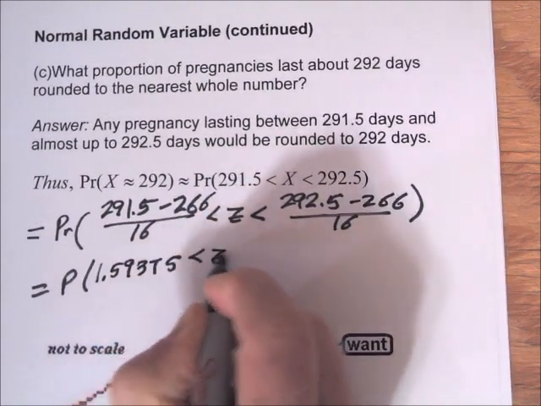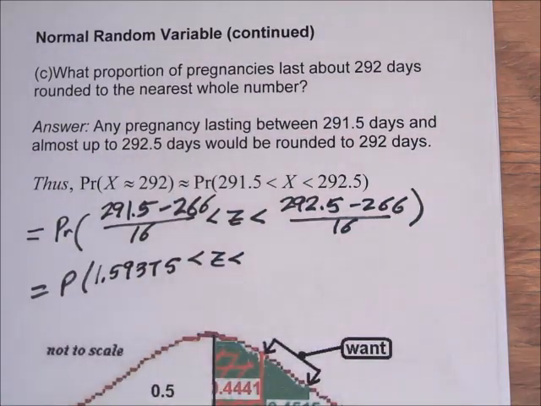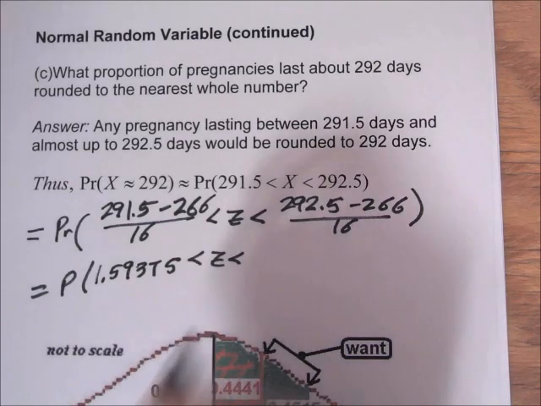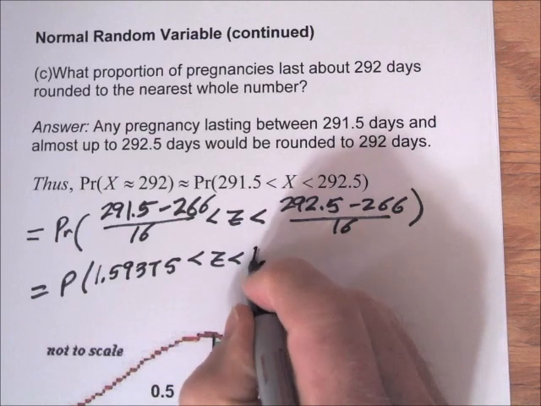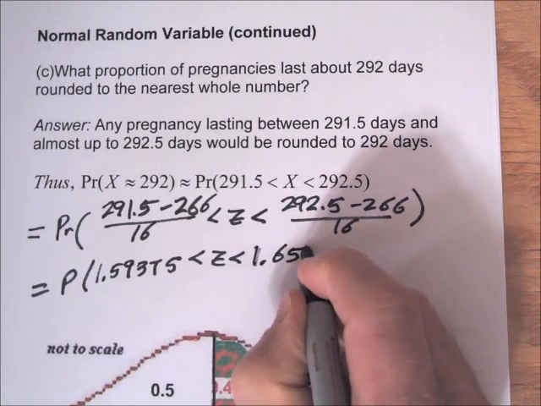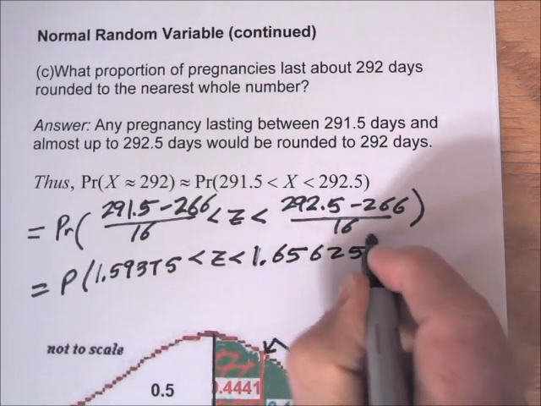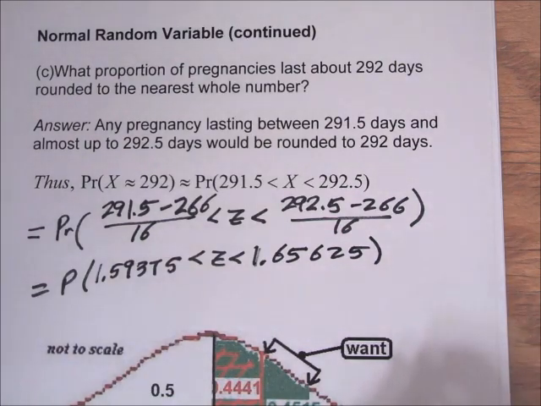Less than Z, less than 292.5 minus 266, divided by 16, equals 1.65625.